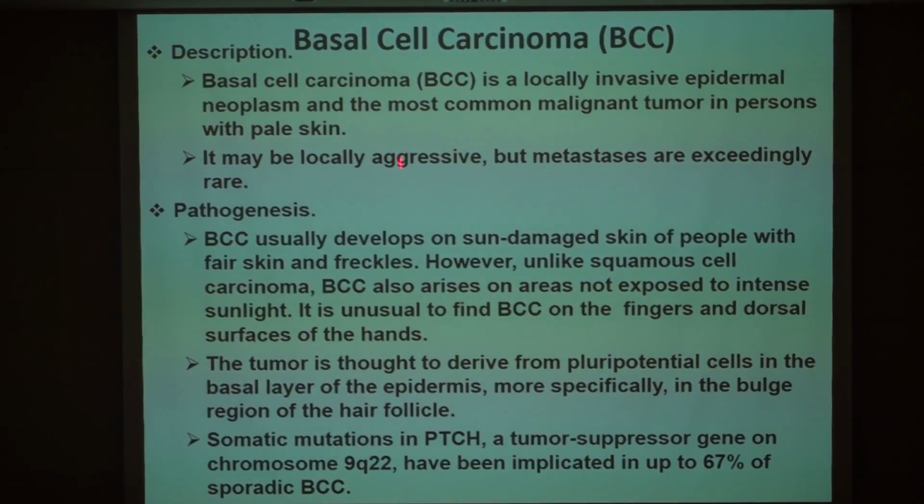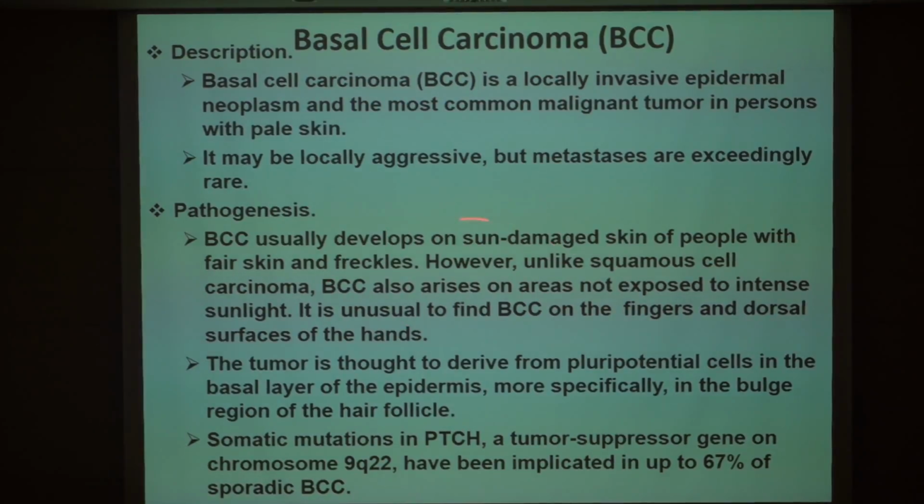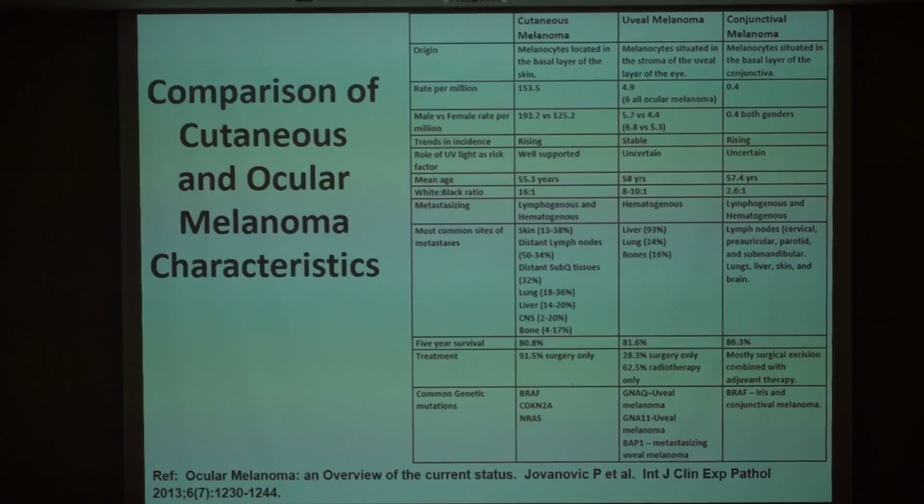And basal cell carcinoma usually develops on sun-damaged skin of people with fair skin and freckles. And likewise, don't be thrown off by the fact that sun does play a role in basal cell carcinoma. Don't be thrown off by the fact that there is some basal cell carcinoma that does occur on areas not exposed to sunlight when you're still trying to figure out how that happens.